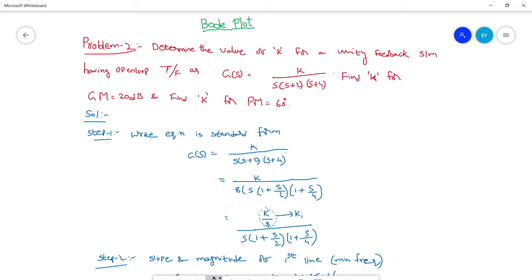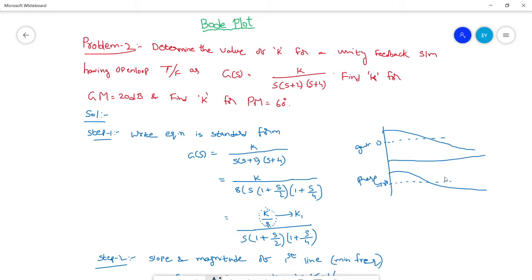If you have a Bode plot, we will have a gain plot here and a phase plot here, right? I'm segregating them with a horizontal line. If you have a certain gain plot like this, and a phase plot like this, and you have 0 dB somewhere here and the minus 180 degrees line somewhere here, right?